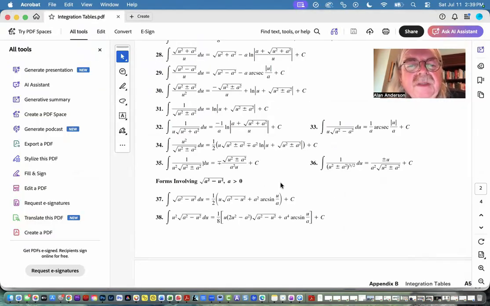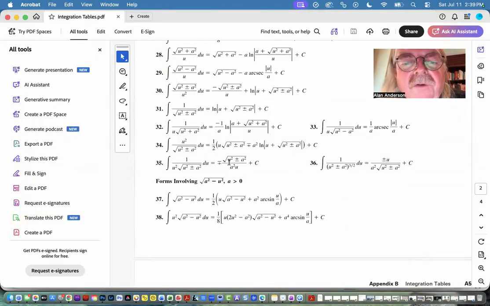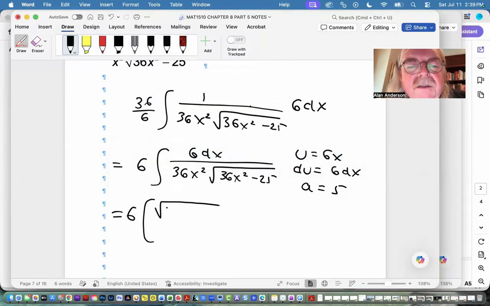So therefore, inside the radical, we're subtracting. Therefore, this becomes positive u squared minus a squared. Sorry, 25.